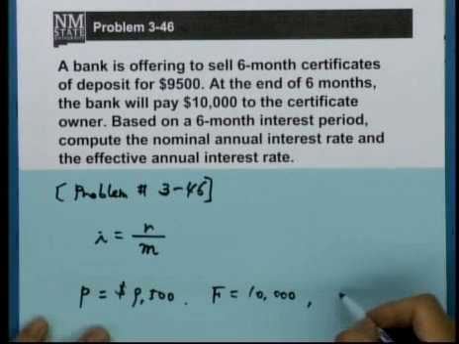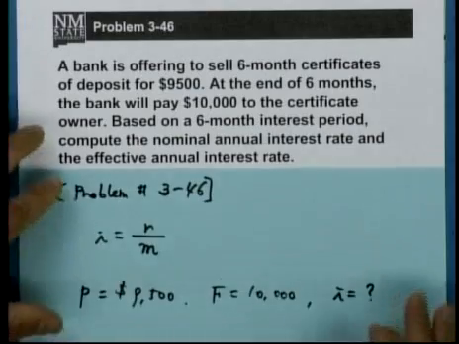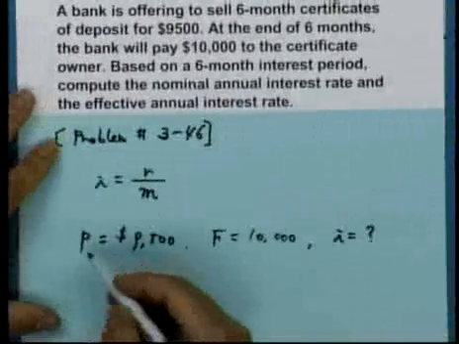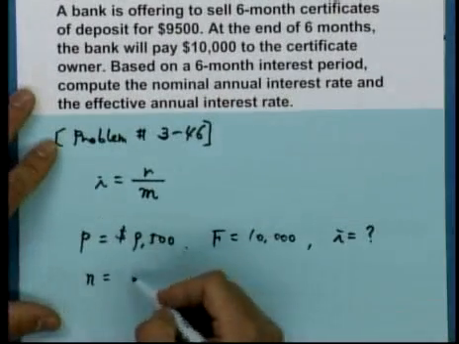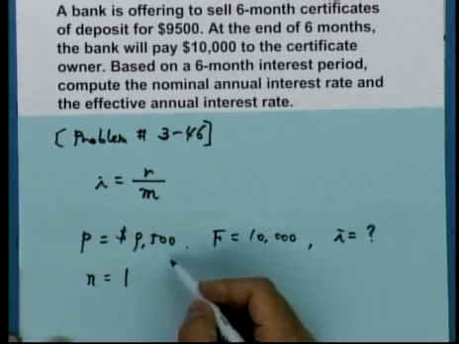And we want to know the I value, right? And what is N here? N is equal to 1, a 6 month interest period, right?